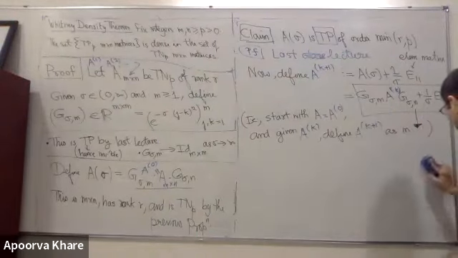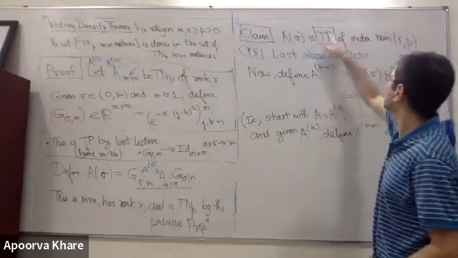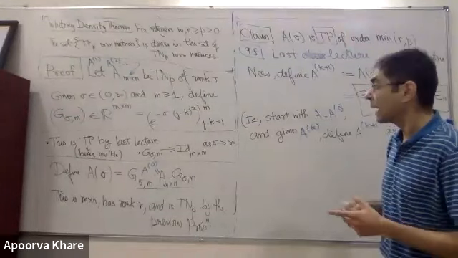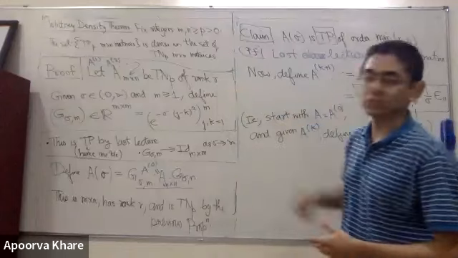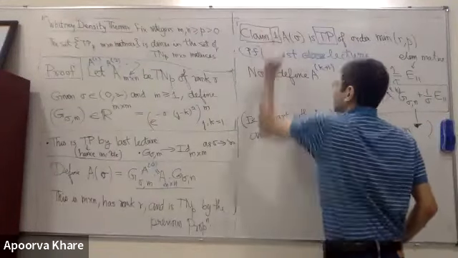Okay, but now let us look at what happens to A1. So I know that A of sigma is totally positive of this order. I claim A1 is totally positive of this type. I claim A1 has a rank. The rank of A1 is 1. That's the claim. Let's call this claim 1, claim 2.